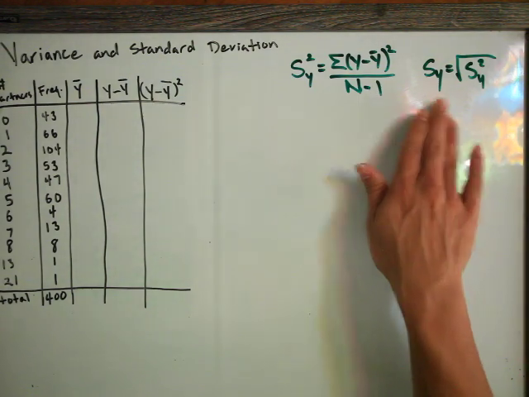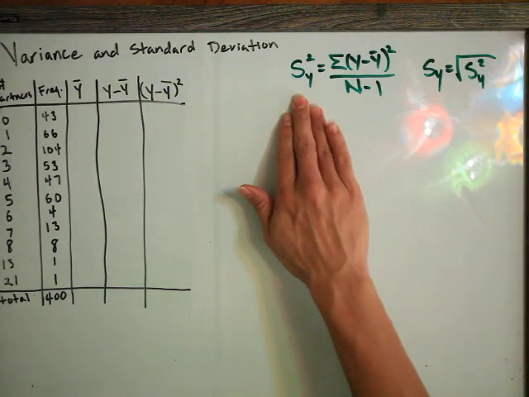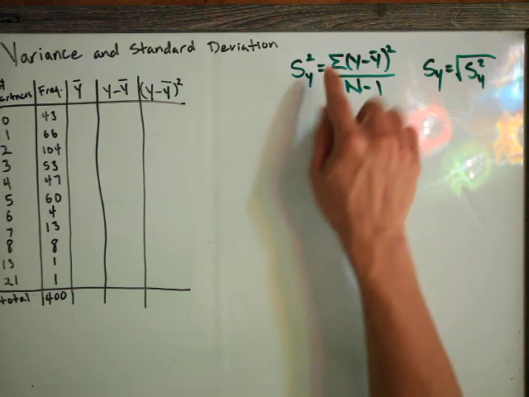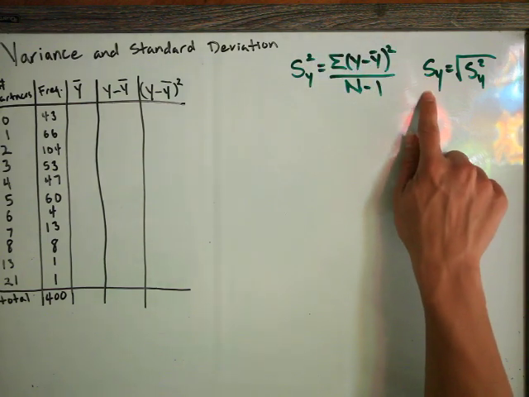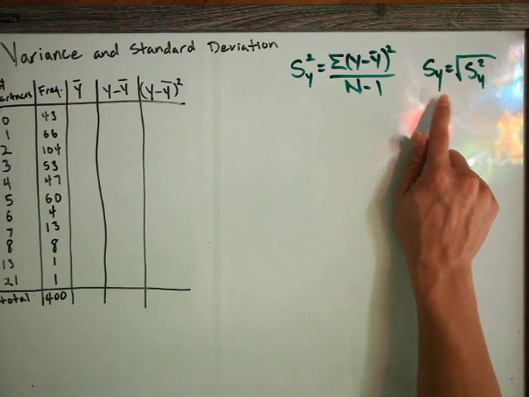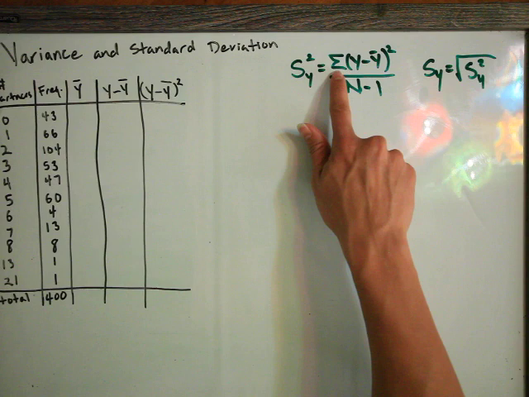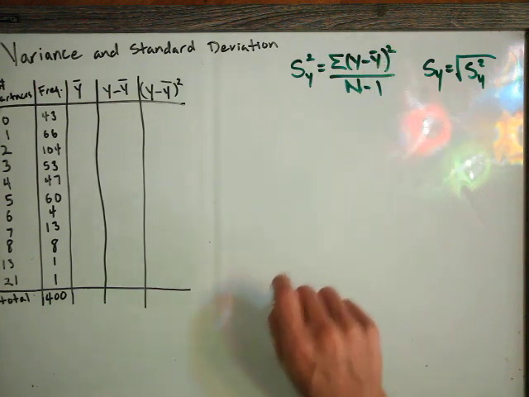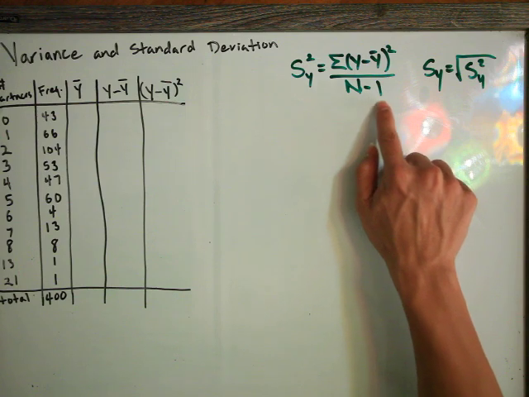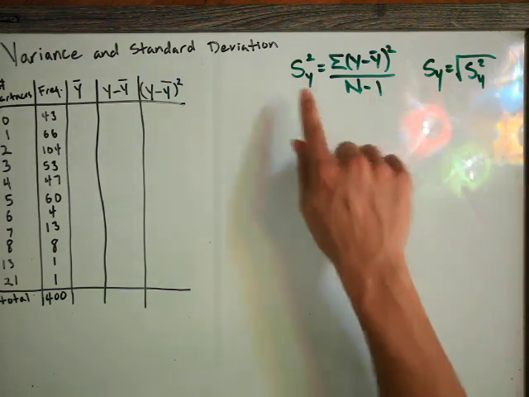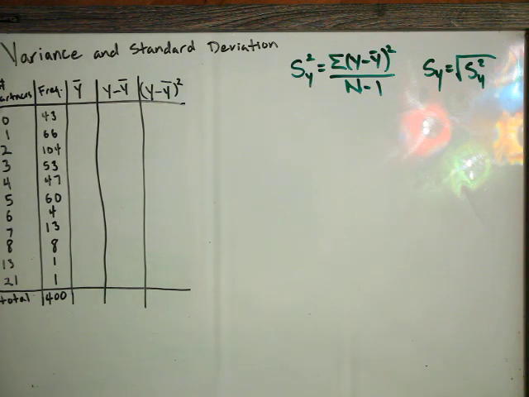Here we have our formulas for variance, which is S sub y squared, and standard deviation, which is S sub y. The formula is the sum of all y minus y bar squared over n minus 1. Then to find the standard deviation, you just take the square root of the variance.